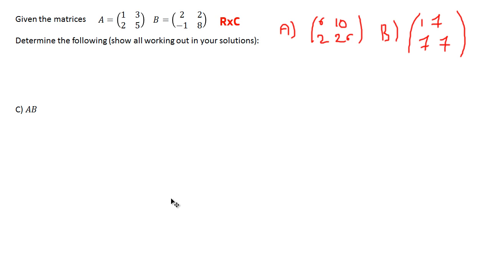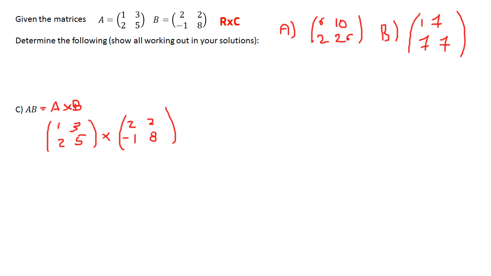So what this basically means is that we're going to have the A from there times the value of B, which is 2, 2, minus 1, and 8. So remember, this is the same as A times B. You don't need a times symbol between letters to tell that they're going to multiply each other.